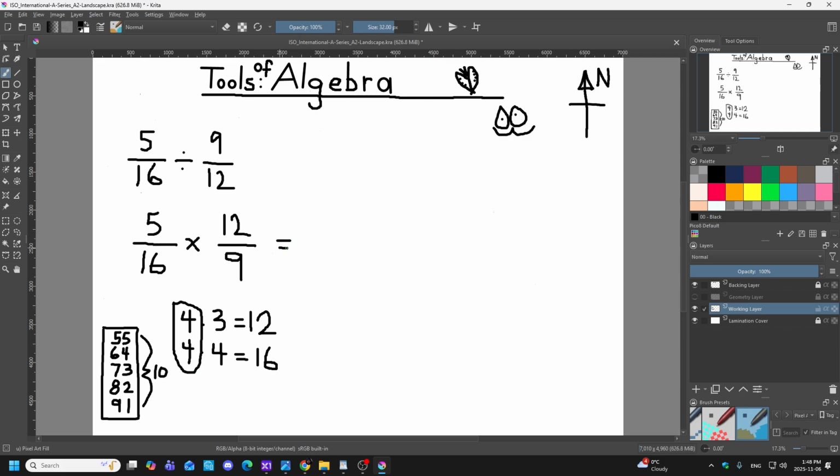I'm going to carry this forward. The 5 is going to be unchanged, and essentially we are breaking the 12 into 2 numbers: four times 3. 16 is going to change. I'm going to put the 9 here because it's our other value that's just hanging out and waiting.